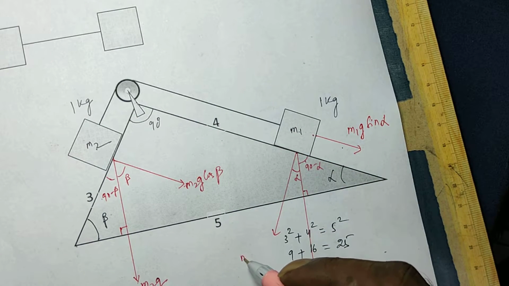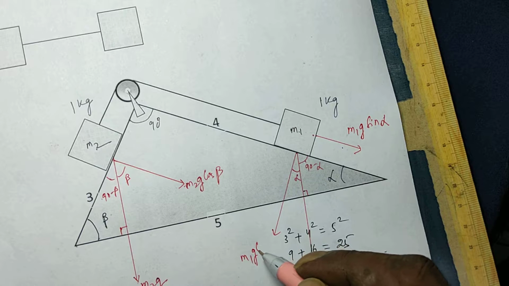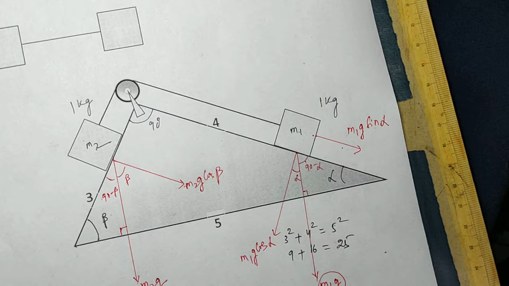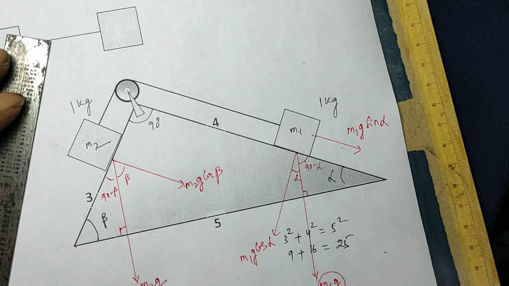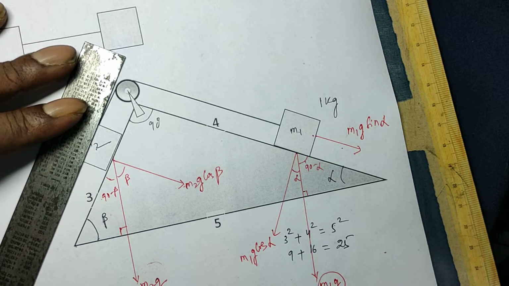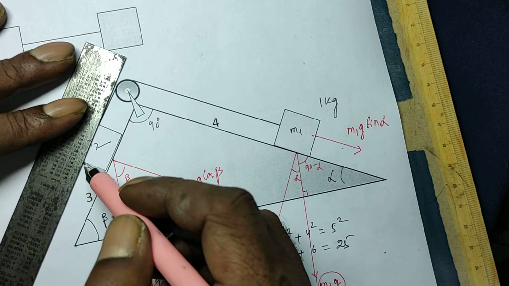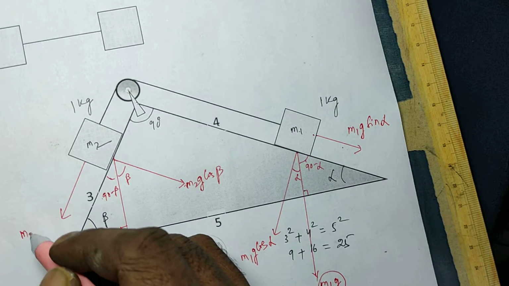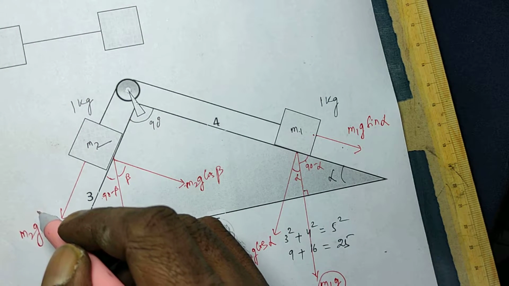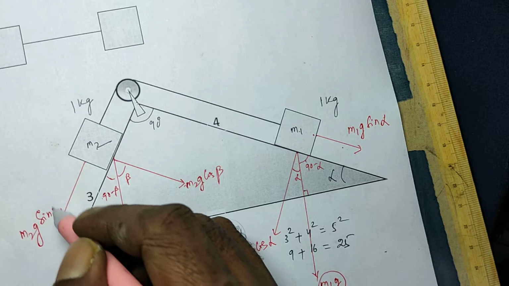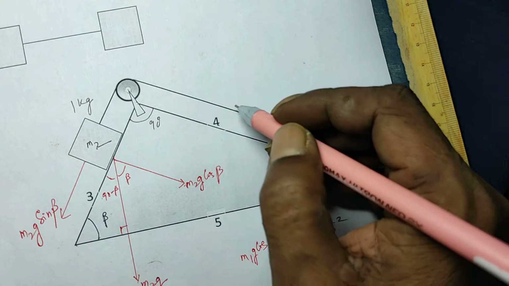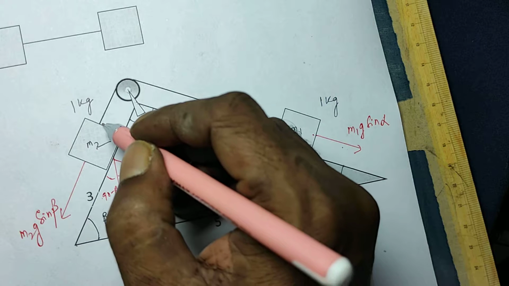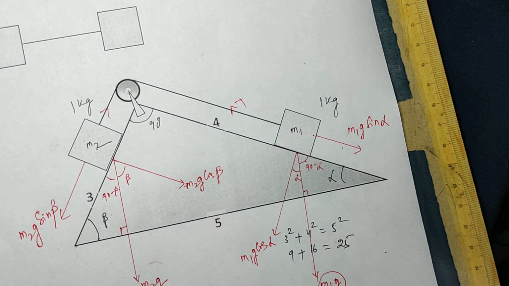This one will be M1g cos alpha. And here the component acting downward along the inclined plane will be M2g sine beta.